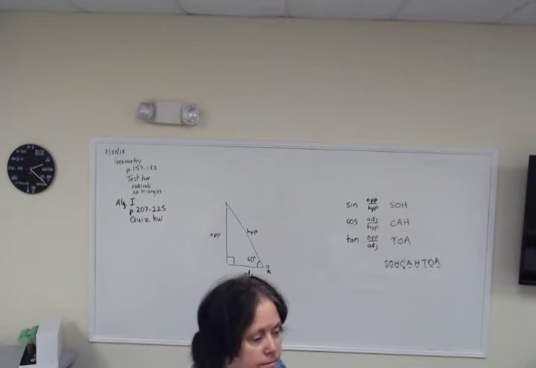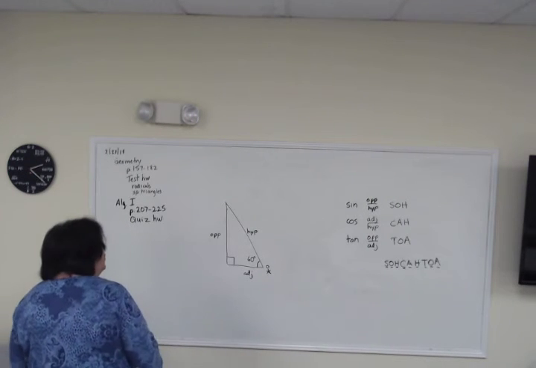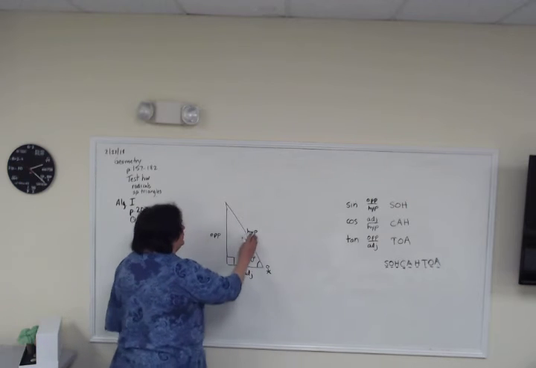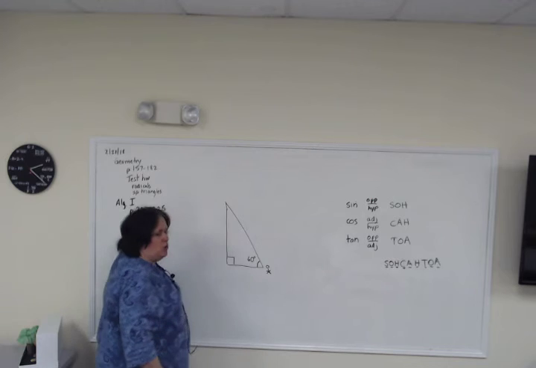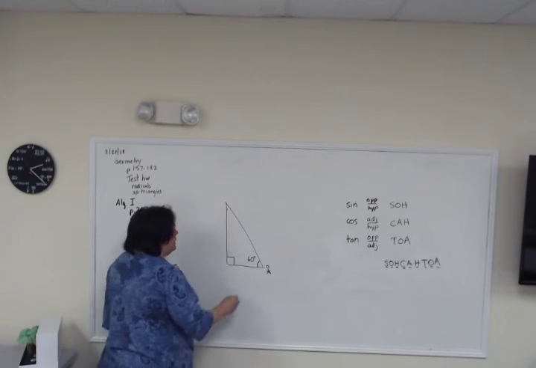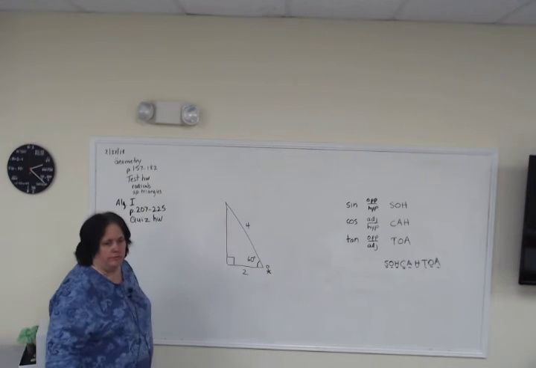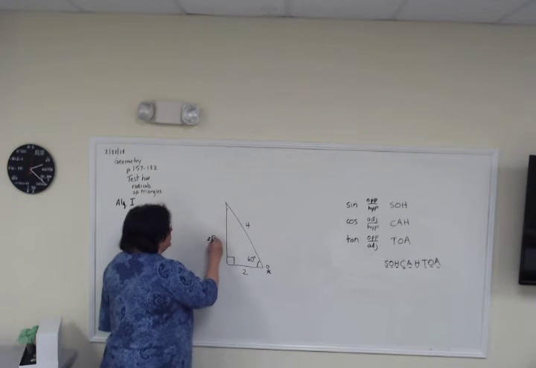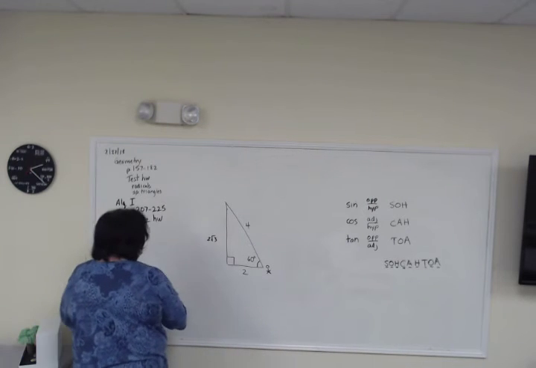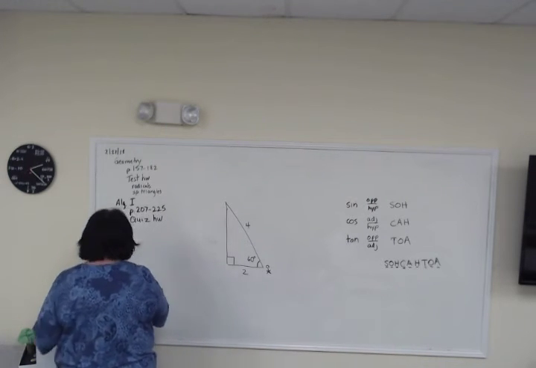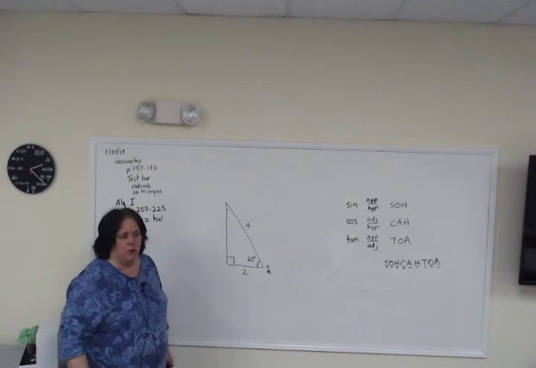If you remember from special triangles, when you have a 60-30 triangle, when this is 2, this is 4. This is 2 times the square root of 3, isn't it? But let's not worry about that right now. When the short leg is 2, the hypotenuse is 4.